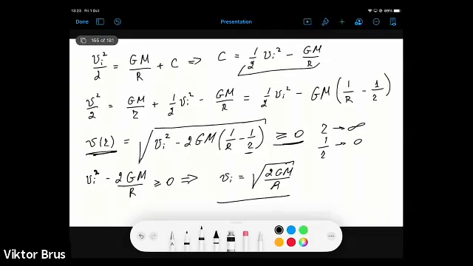So that is the equation which gives us the opportunity to calculate the escape velocity for any planet if we know the mass of the planet and its radius.